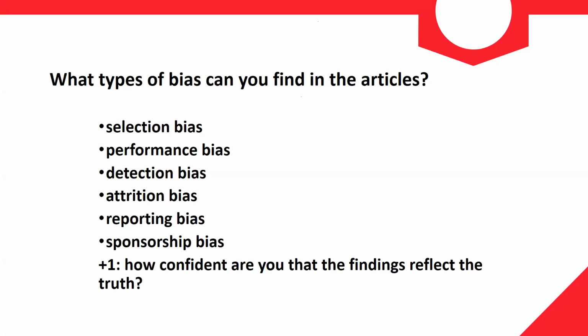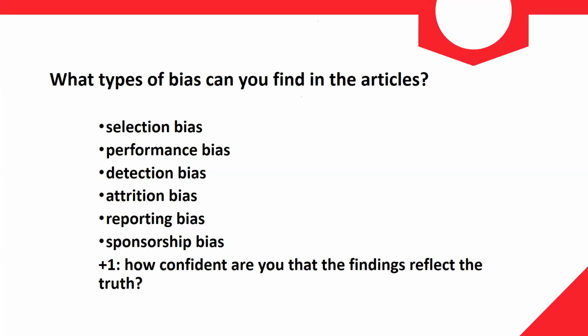So the reporting bias and the sponsorship bias can be checked in the study protocol, especially the reporting bias, to compare whether the outcomes of interest have been noted previously, before the start of the trial itself, in the first protocol.